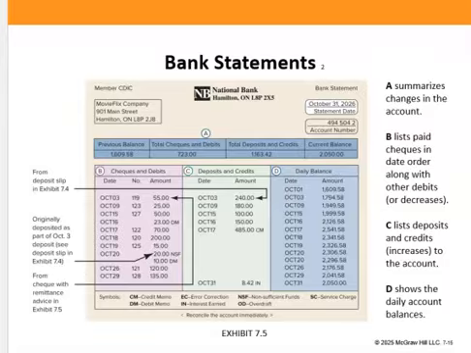But again, thinking back to the journal entries or our T accounts or our general ledgers, if our cash account is getting bigger, they're debits. So why on a bank statement does it look like it's backwards? The reason is because the bank statement is from the bank's point of view.